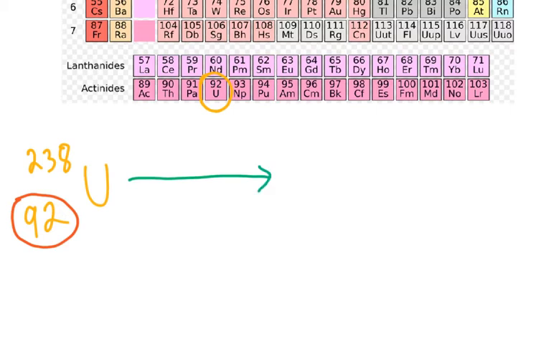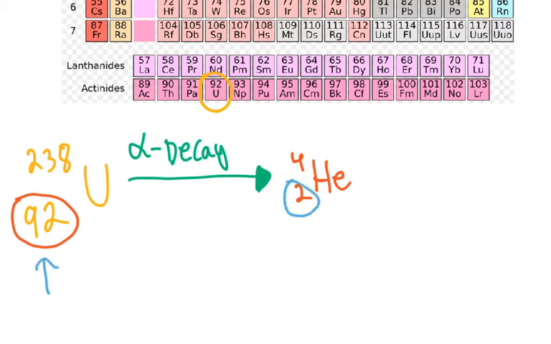Uranium-238 is like, I need to become more stable, so I'm going to undergo alpha decay. And remember, all we're doing in alpha decay is emitting a helium-4 particle. If we're letting go of 2 protons and 2 neutrons, we're going to have an atom that does not have 92 protons anymore, because we just lost 2 protons through the ejection of the helium-4 particle.